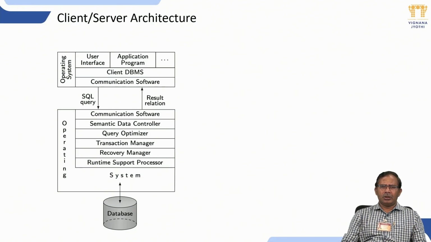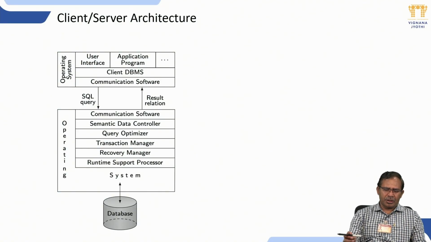So here, first, we will think about the client server architecture, where a client is the one which prepares the query or request and expects the response from the server.